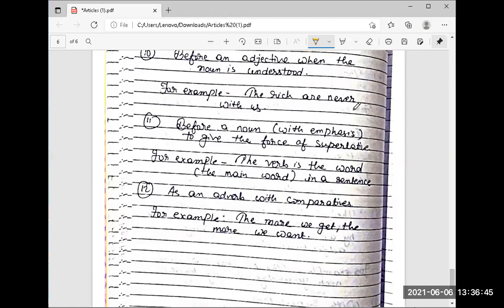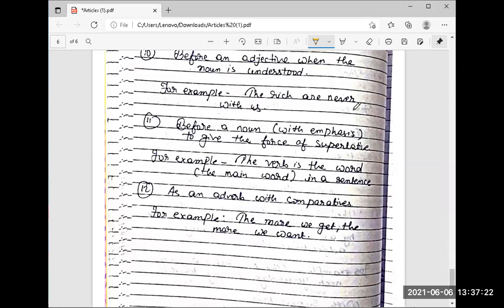What is the meaning of this emphasis? First, you have to know the meaning of emphasis. Emphasis का मतलब क्या होता है? What is the meaning? Importance. Importance to something. Okay.